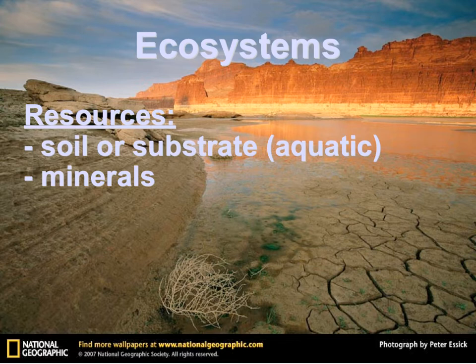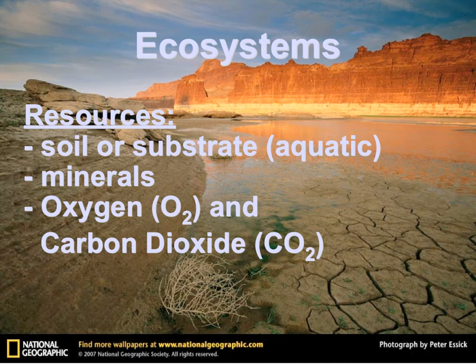Are there nitrates and phosphates in the water? Those are resources that living things need to grow. Related to minerals are oxygen and carbon dioxide, either in the air for animals to breathe or dissolved in the water for the fish. There are various different things we might consider resources in an ecosystem.